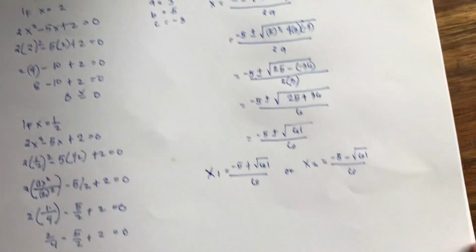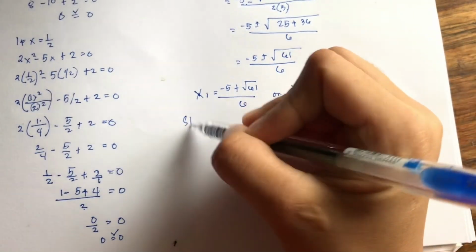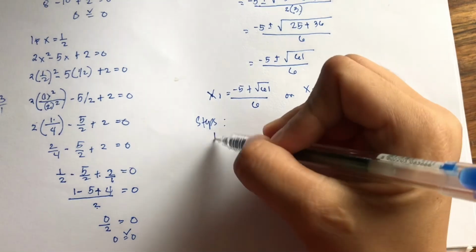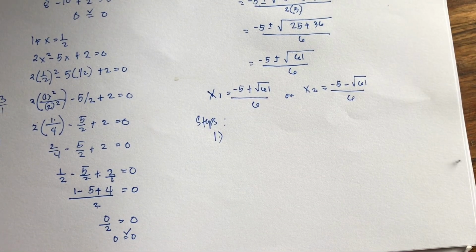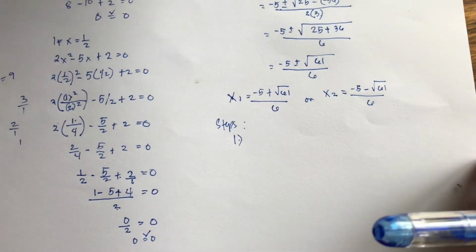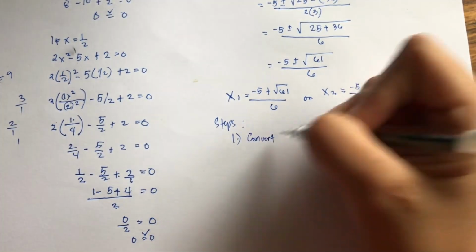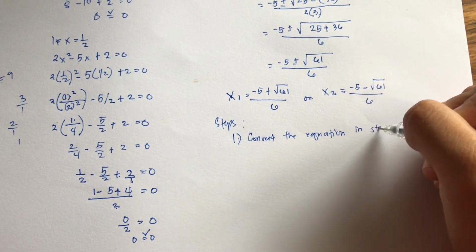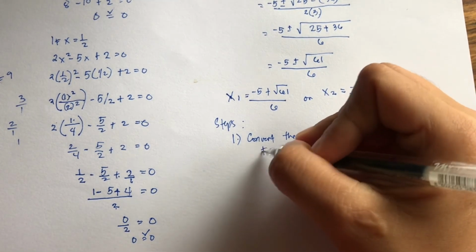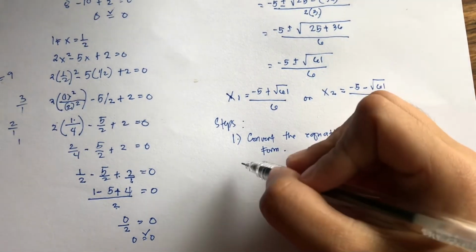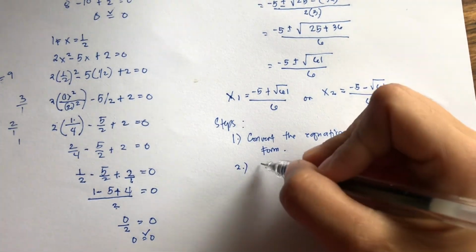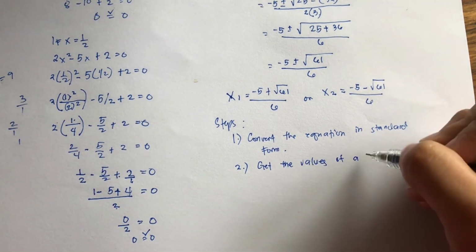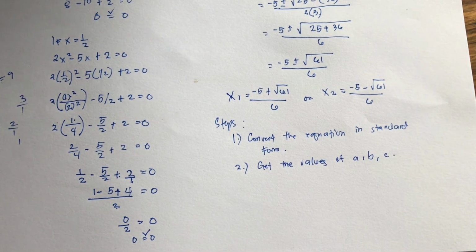So, again, let's recap. Here are the steps in solving a quadratic equation by using the quadratic formula. First and foremost, if it is not yet in standard form, you have to convert the equation in standard form. The second one, get the values of a, b, and c.